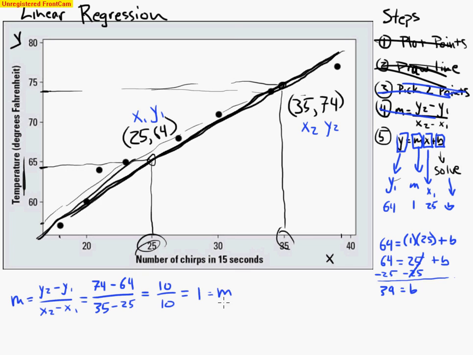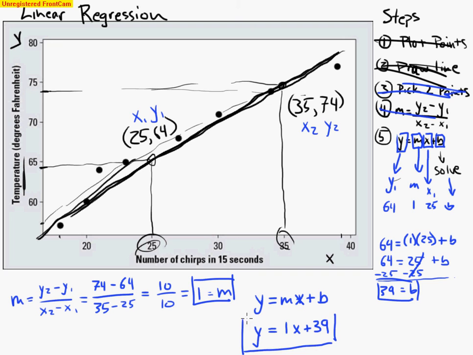So my final step is to write my y equals mx plus b. My m is right here, so I have 1x, and my b is right here, so I have plus 39. And this right here is my linear regression.